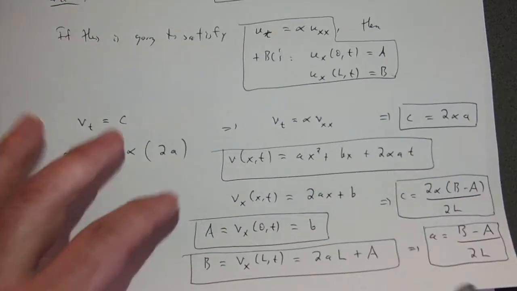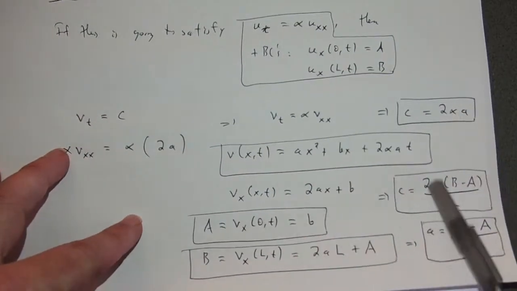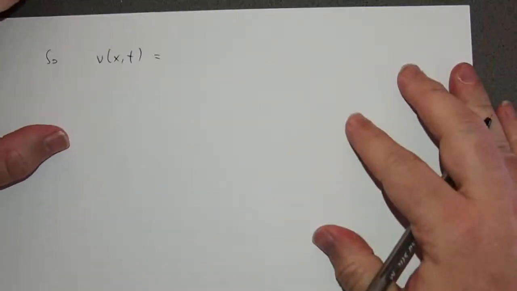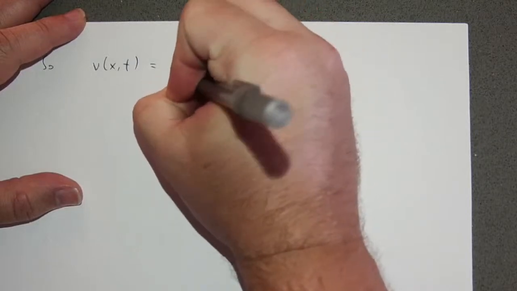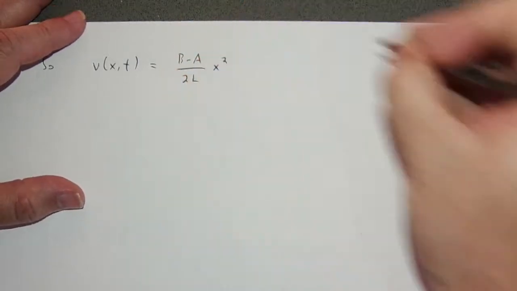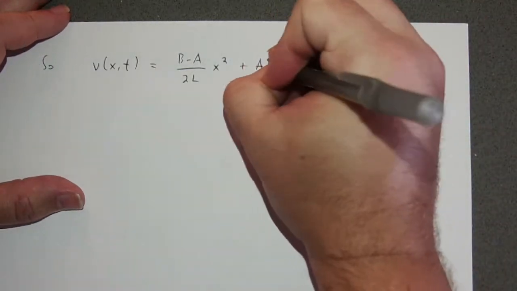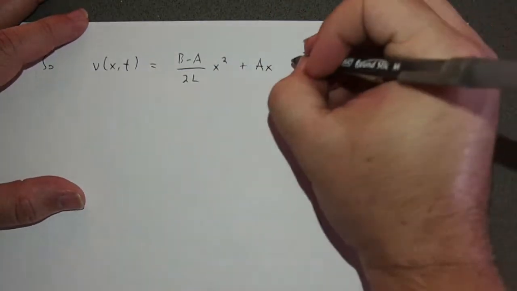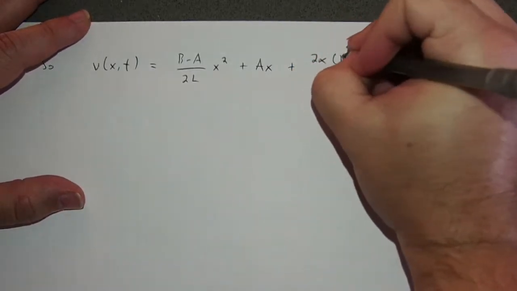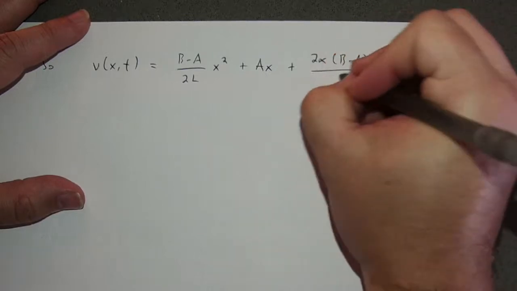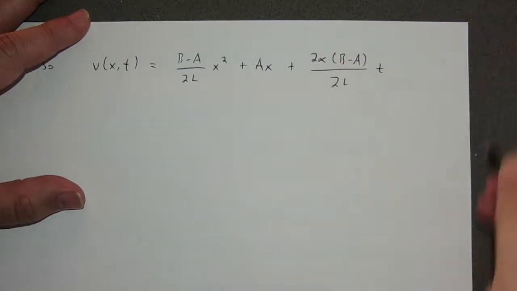And so what that leads to, now that we've solved for all these things, is that v of x,t is (B minus A) over 2L times x squared plus A x plus 2 alpha times (B minus A) over 2L t.